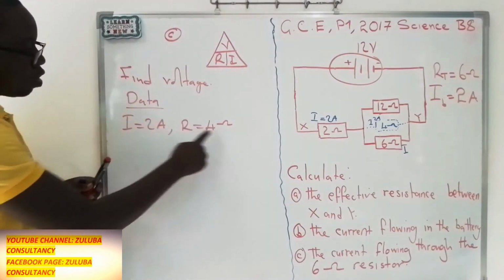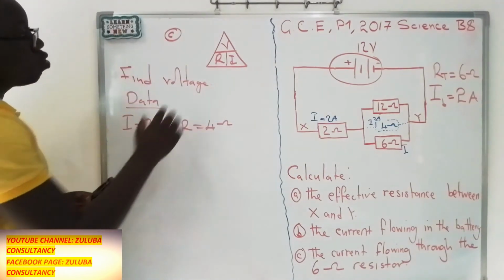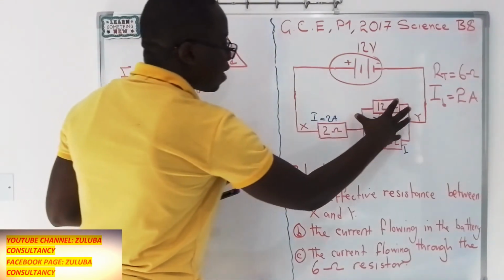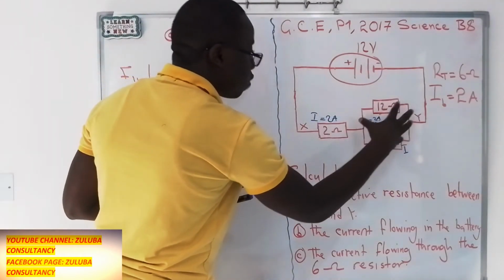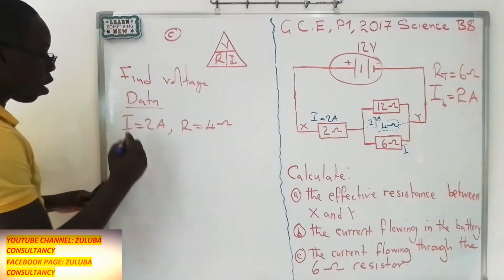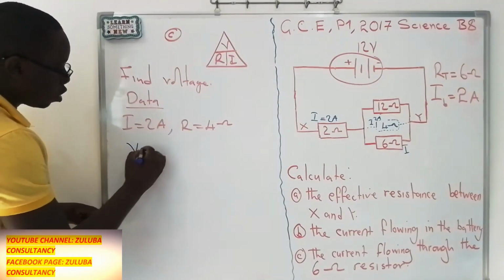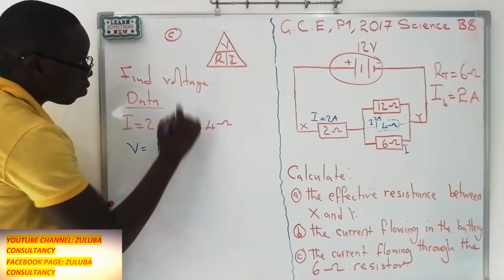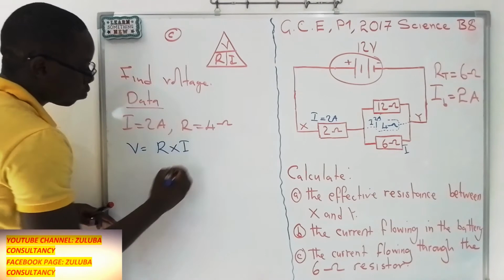So if you have these two, we can use Ohm's law to find the potential difference or the voltage that is reaching these two parallel circuits there. So the voltage is equal to resistance multiplied by current.